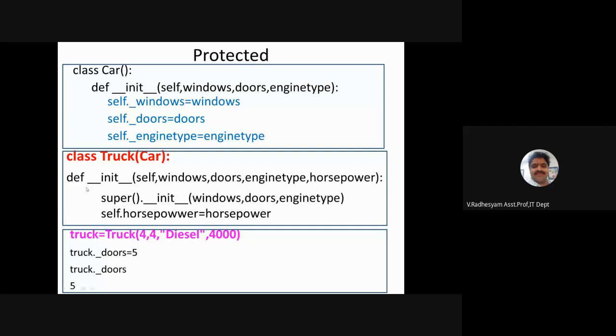That means there is an inheritance relation between these two. So these three variables can be accessed with the object of truck. I have created a small-letter word truck, which is an object of the truck class. So I can access truck dot underscore doors, because this underscore doors is a variable of the car class. Because it is protected, we can use it in the subclass.